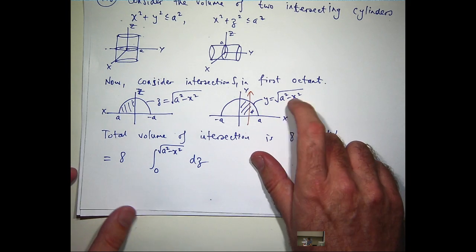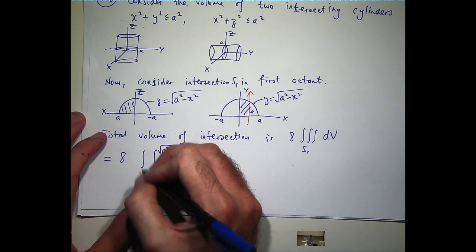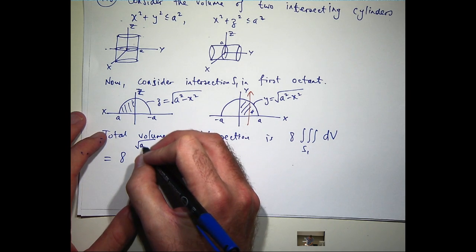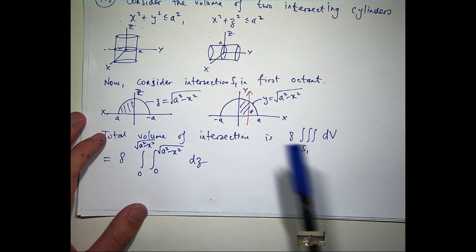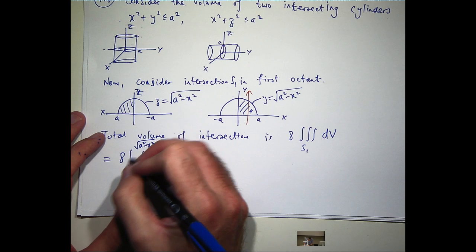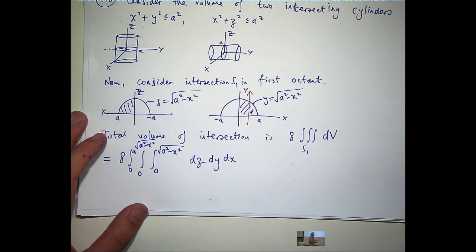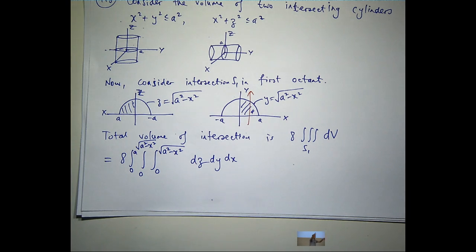Again, it's root a squared minus x squared. And x is going to be between 0 and a. So I've kind of squished that all in there. I hope you can read it okay. And it looks a little bit difficult because we've got all these square root signs, but actually it's not too bad.